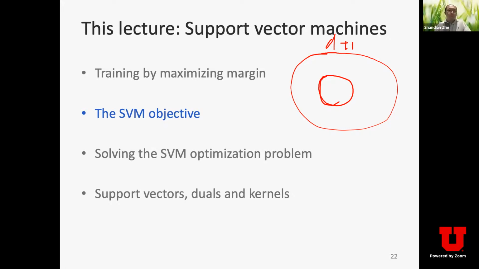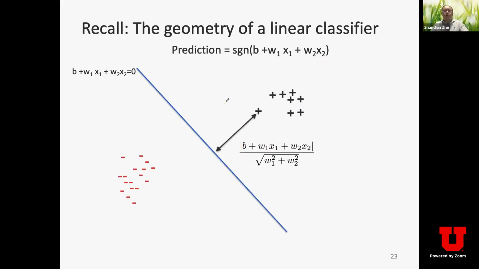Next, we're going to talk about how to encode this idea into the formulation of the training objective. That will utilize our geometric understanding of linear classifiers. Any linear classifier can be represented by a hyperplane.